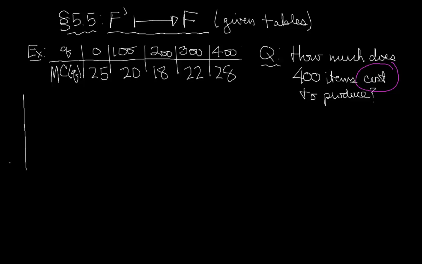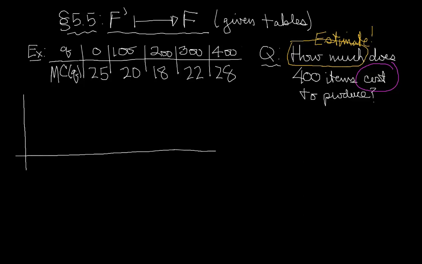And remember here, since we have a table, all we're really going to be able to do is estimate this value. So we're going to make a key assumption here, and you'll see where I make it.